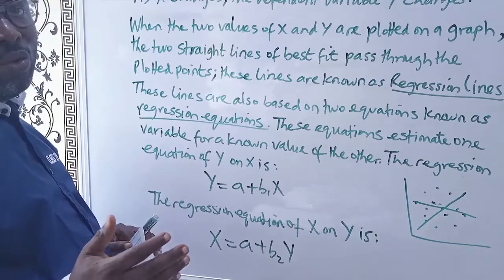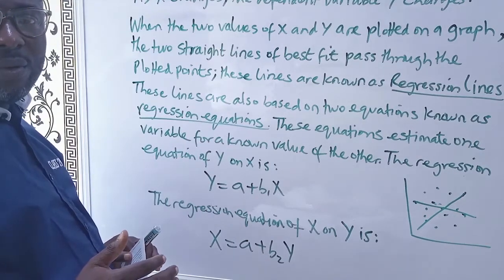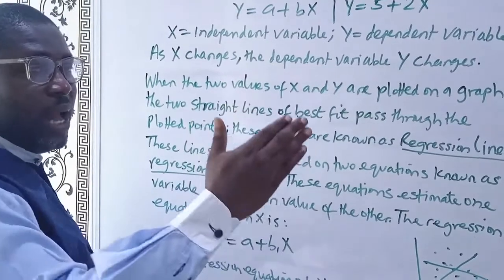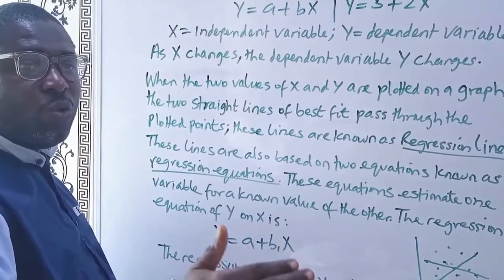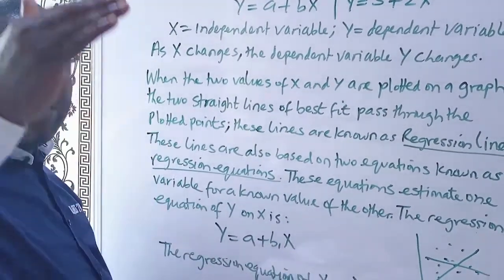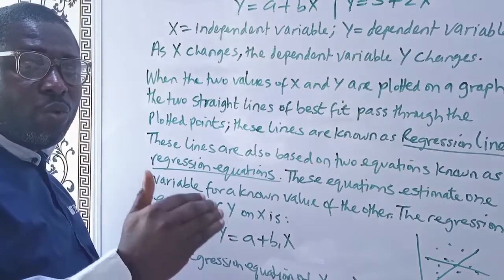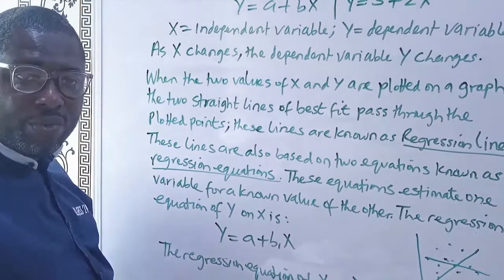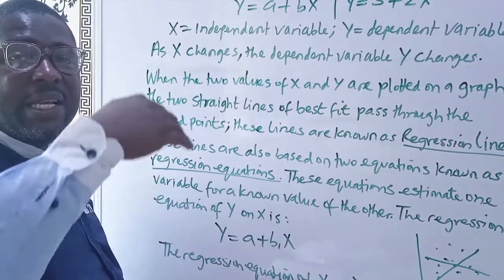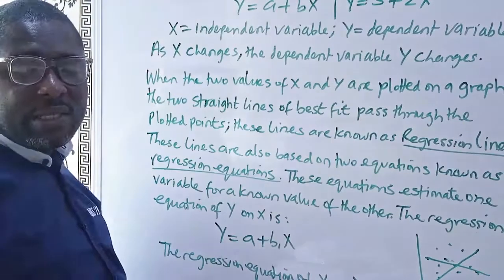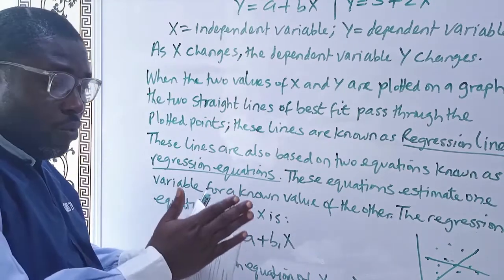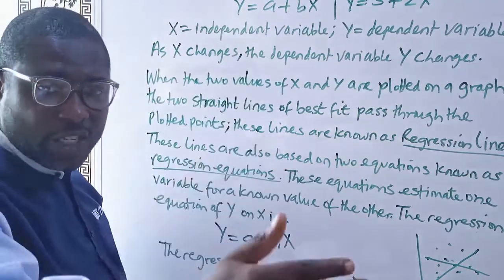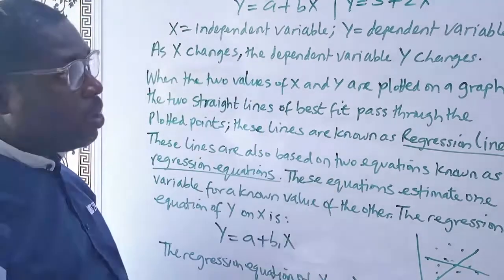Let's say you're told the relationship between x and y, you're given values for x and y over a particular time, and then you want to predict what it will be in the future. You want to predict what it will be in the 10th week, or the 10th month, or the sixth month. So you're given first month, second month, third month. What will it be in the next month? So you want to predict what it will be.